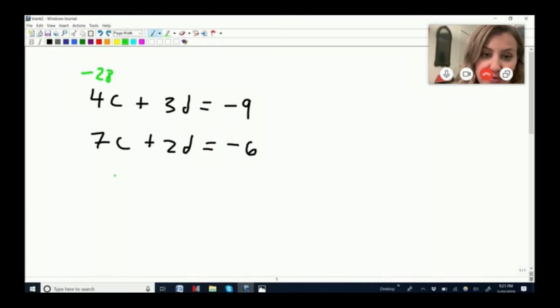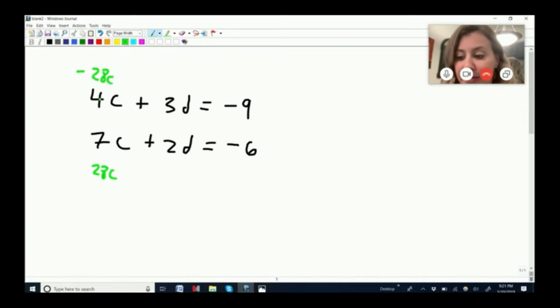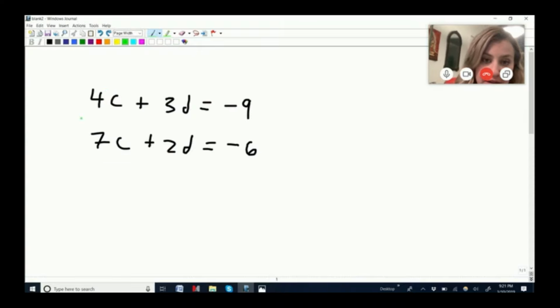But I'd have to multiply the 7 times the 4 to get the 28c, and the 4 times the 7, maybe a -7, to get -28. Just bigger numbers. That's why you're choosing the 6. Yes, we're going to choose the 6 because it's less annoying and less clunky.